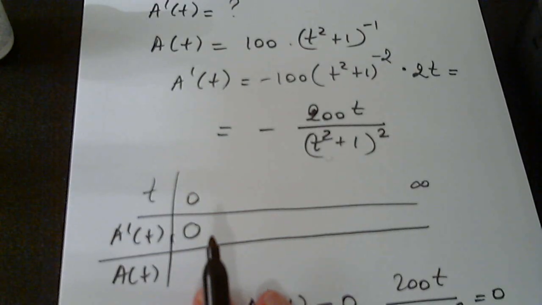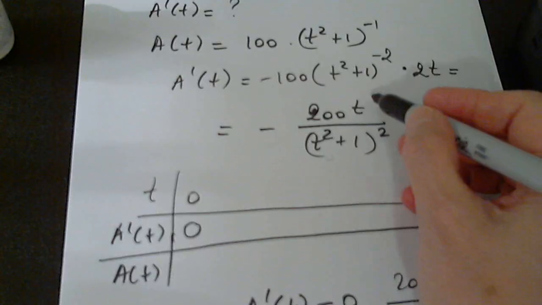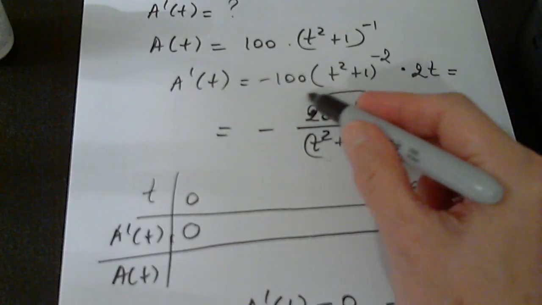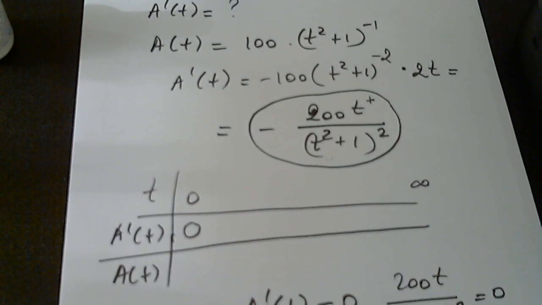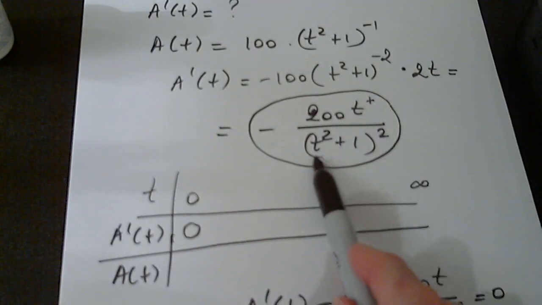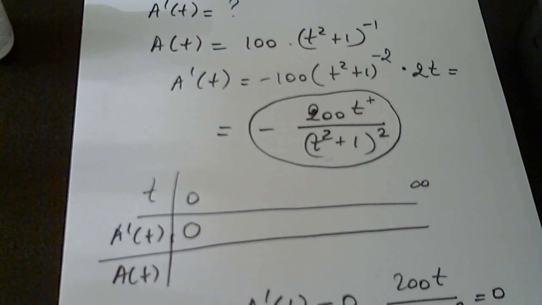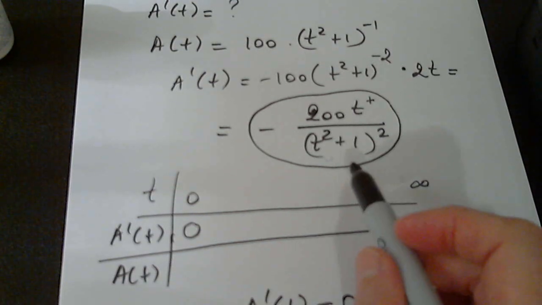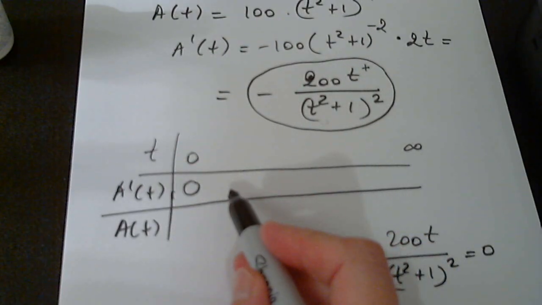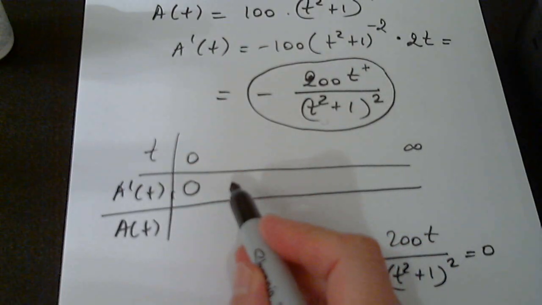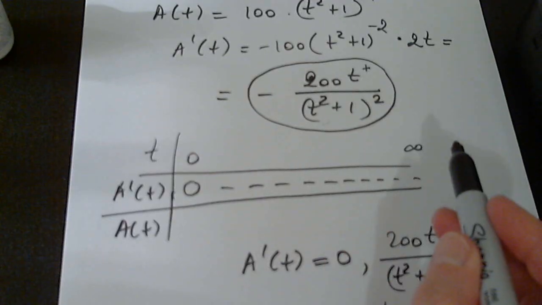Now, remember t is a positive number. What is the sign of this whole thing, which is the first derivative? Negative. Of course, always and forever.